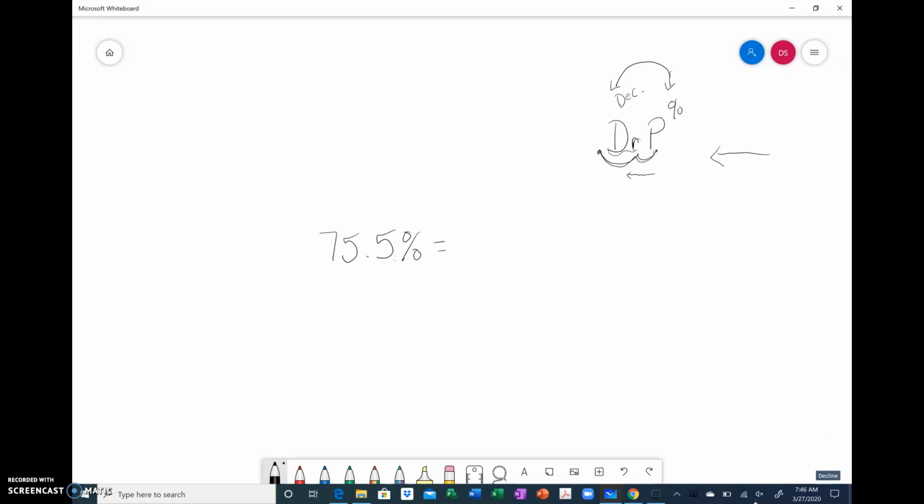So let's just follow the directions. Go 2 spaces back to the left, and that would turn it into the decimal 0.755. Okay, so if the decimal's already there, you don't have to worry about figuring out where it goes. You can just move it 2 spaces to the left to convert it from a percentage to a decimal.